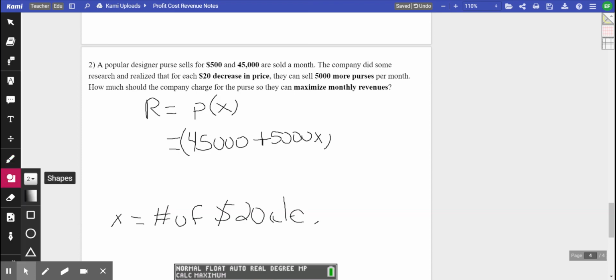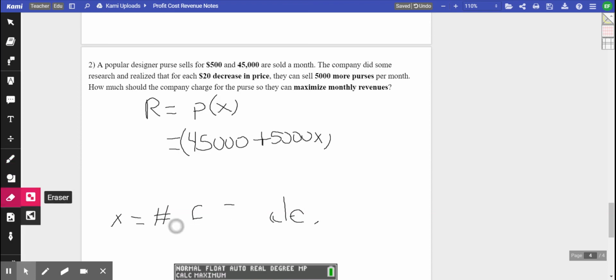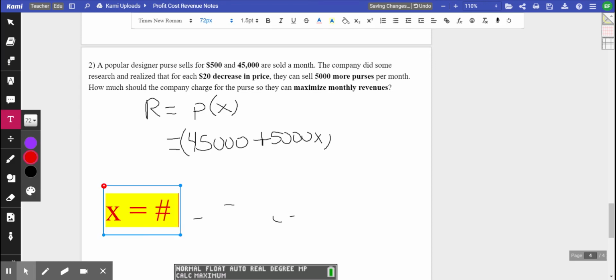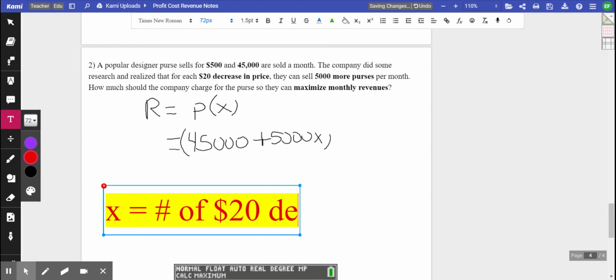My pen does not want to write. I'm sorry. My number of $20 decreases. From there, we could look at our price, and we could write a separate function for that. All right. So let's talk about our price now.